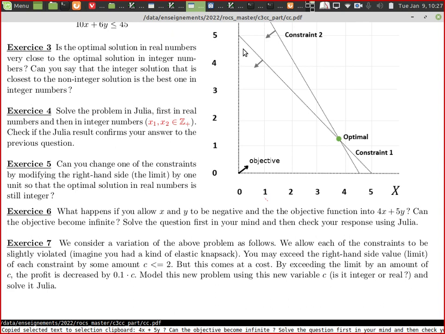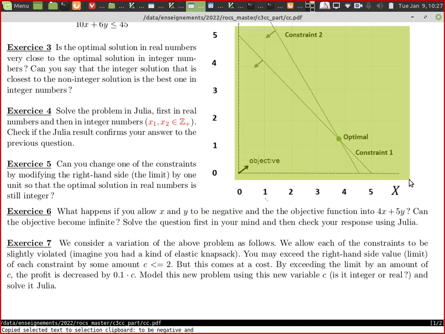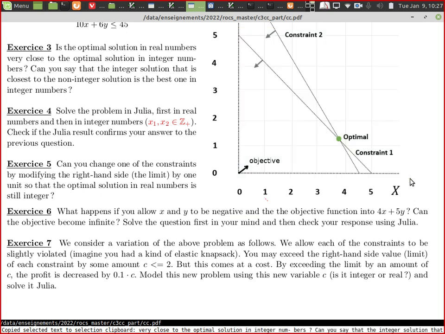Now, the question here was, what happens if you allow the variables x and y to be non-constrained, to be positive or negative? Because remember, the whole story here was going with x and y positive. What do you think will happen if you allow x and y to be positive or negative?